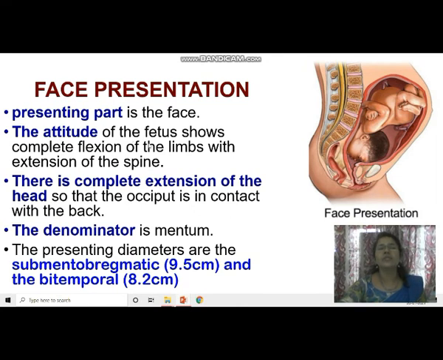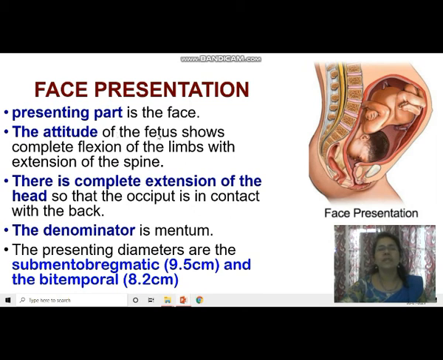The attitude of the fetus shows complete flexion of the limbs and extension of the spine. You can see from this picture, the limbs are completely flexed, and the head is extended.